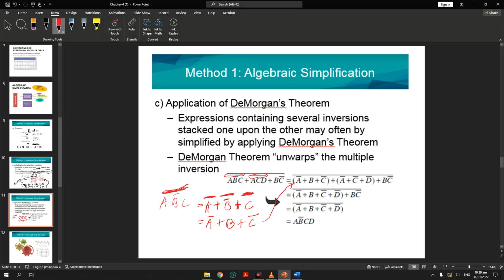Next, we will break the bar again of A, C, D complement.